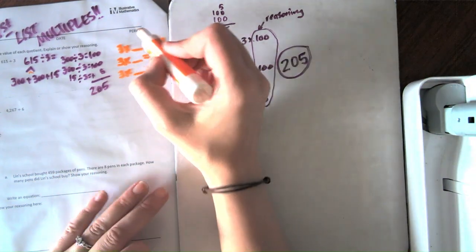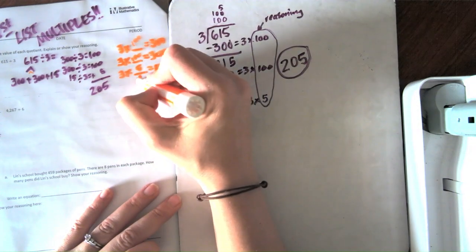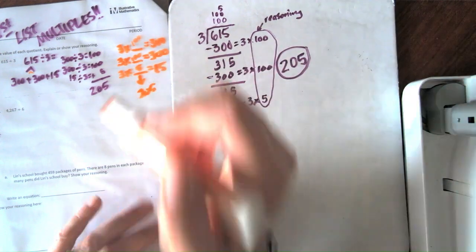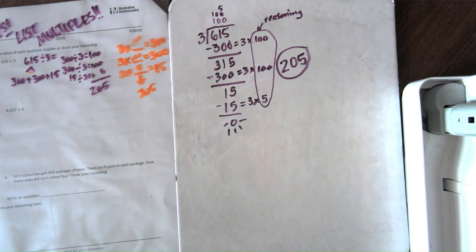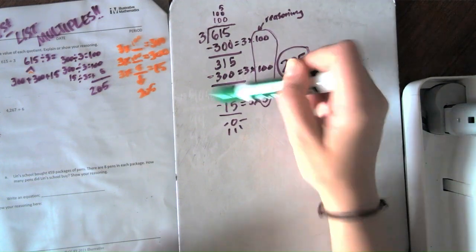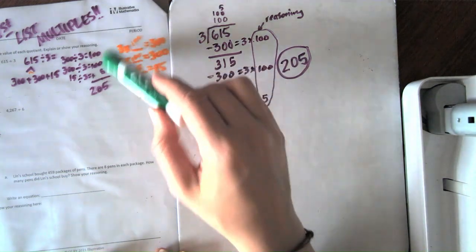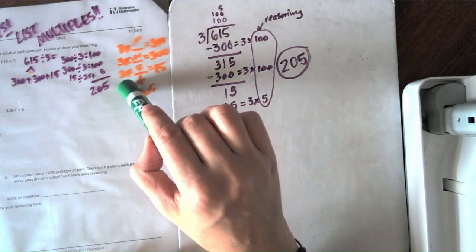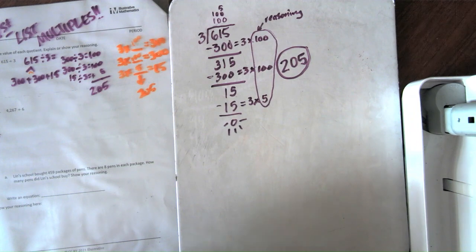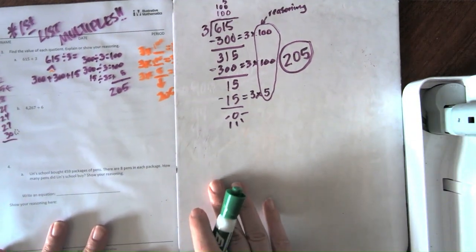You've already decomposed your dividend, so you know there's 100 here, 100 here, and a 5, and then these would be your answers. So it just depends on when you want to do the decomposing. When does it make sense for you to decompose? Do you want to do it as you go? Do you want to do it ahead of time? Or does multiplication just really make sense to you in a greater way, and so you want to do it with multiplication? It's totally your call. It's whatever you want to do.